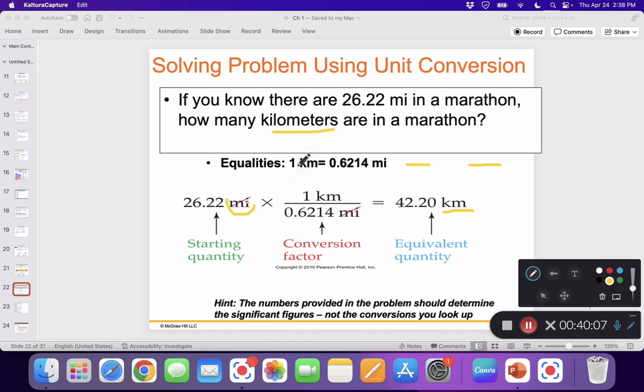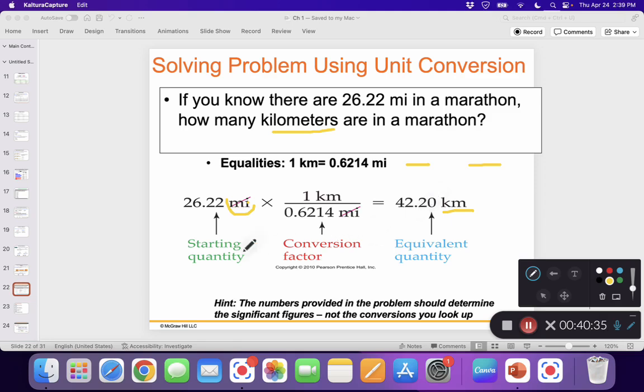So I write the conversion factor 1 km by 0.6214 miles. And now my miles and miles cancel out, because miles divided by miles is 1. And 26.22 divided by 0.6214 will give you the answer in the calculator, 42.2.